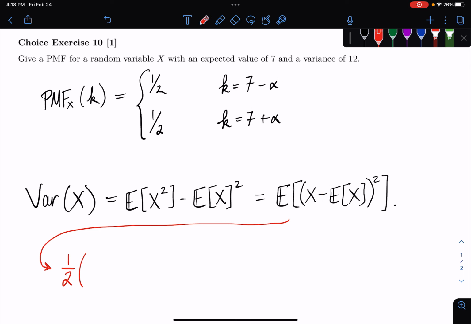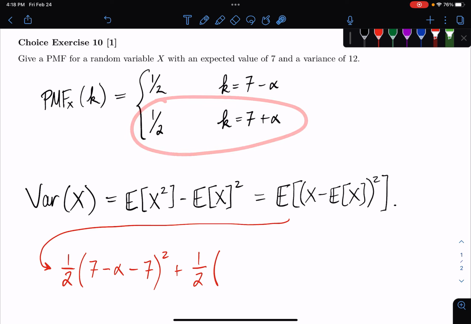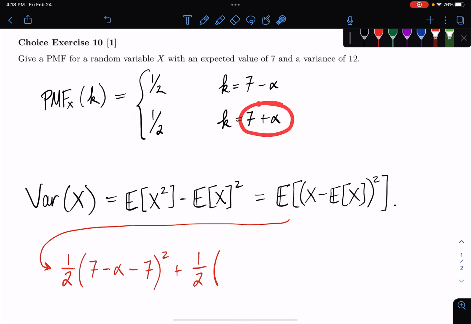So our value of x is going to take on 7 minus alpha, minus 7, squared, plus 1/2 times the other thing that can happen. In this condition, half the time our x takes on the value 7 plus alpha, and then we subtract off that expected value, minus 7, squared.